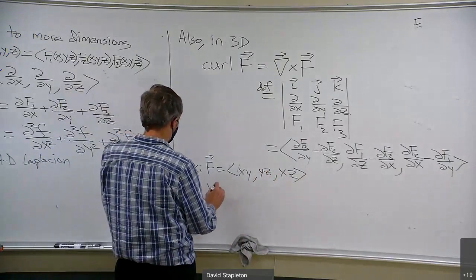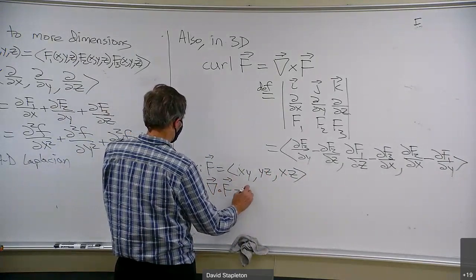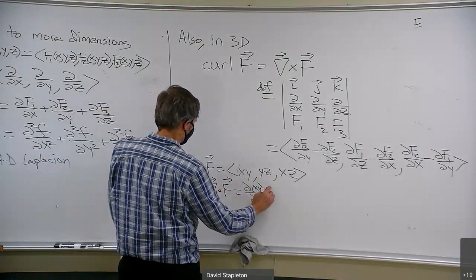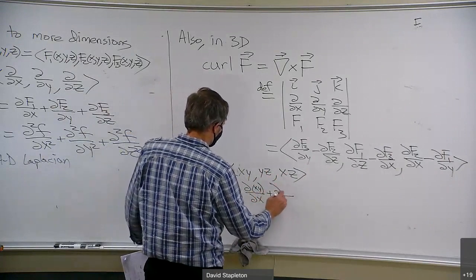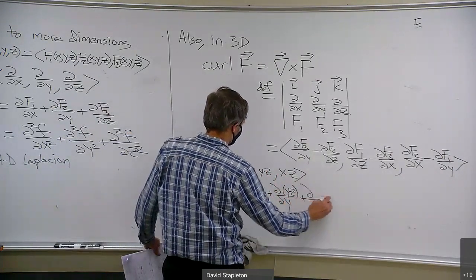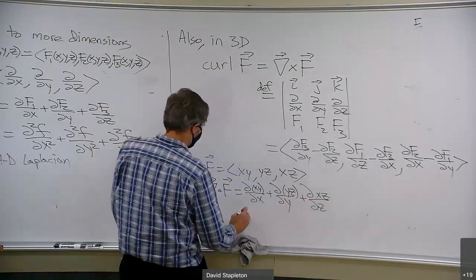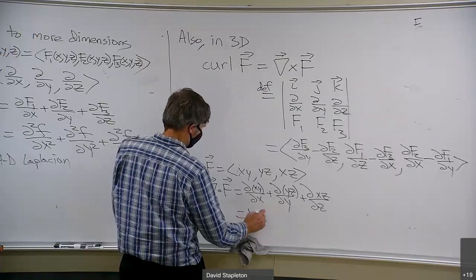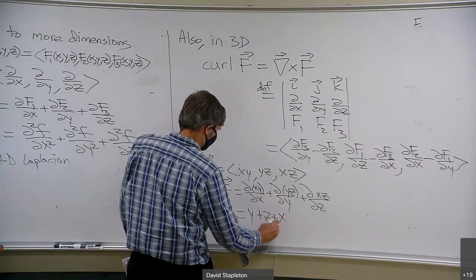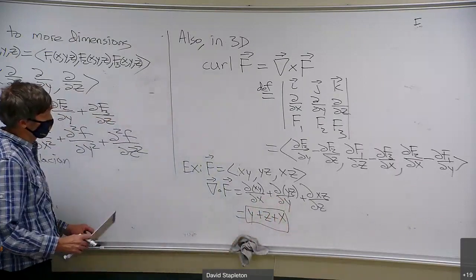Suppose I take the divergence of F. Well, I just take d/dx of the first component, plus d/dy of the second component. Divergence is very easy. Plus d/dz of the last component. And I'll wind up with, let's see, y plus z plus x. There's the divergence, that simple, folks.